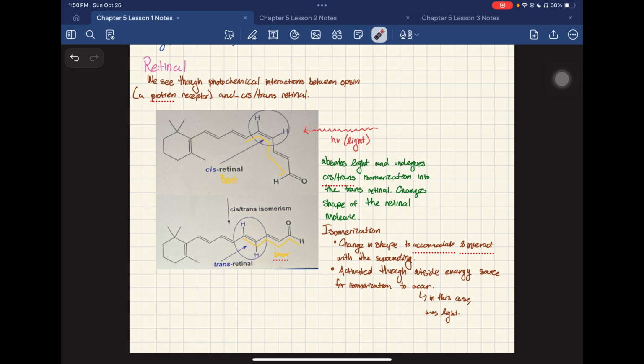Isomerization itself is a change in shape to accommodate and interact with the surroundings. Okay, so it is activated through an outside energy source for isomerization to occur. In this case, it was light. Light went in, and isomerization occurred to accommodate and interact with the surroundings, and in order to do that, it turned into the trans retinol.